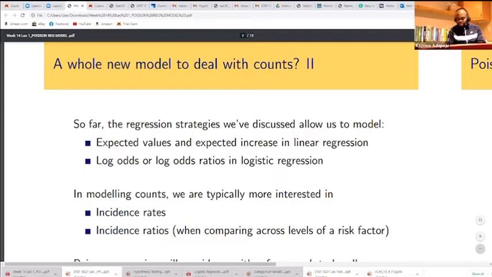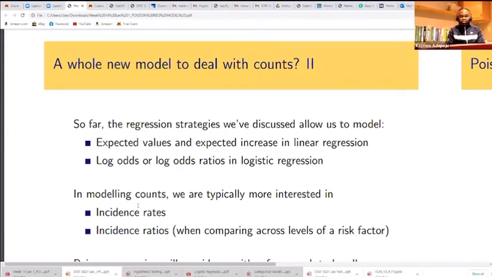And what do we look up to in modeling counts? If we want to model counts, what do we actually look up to? What we look up to in modeling counts is that we are typically interested in modeling incidence rates, which means the conventional linear regression and the logistic regression cannot handle incidence rate.